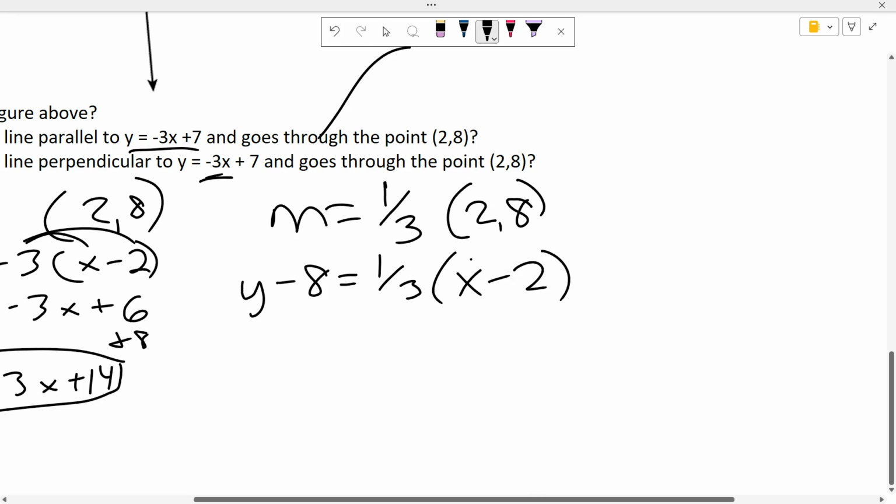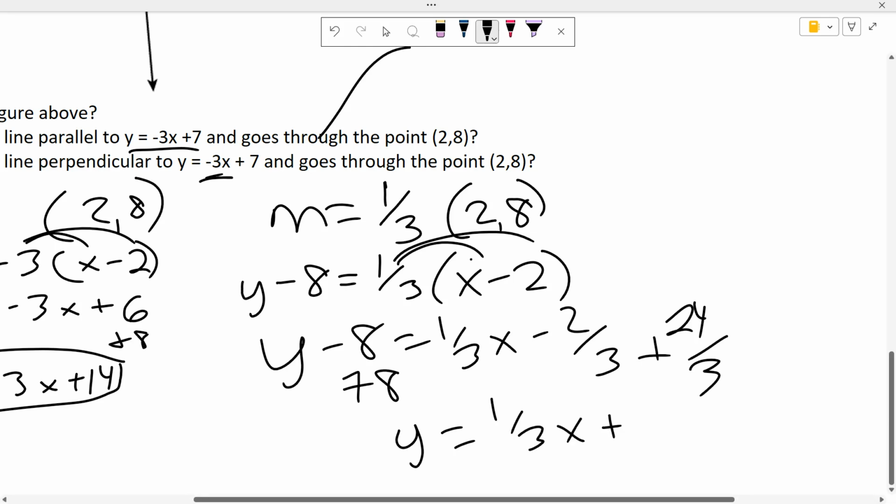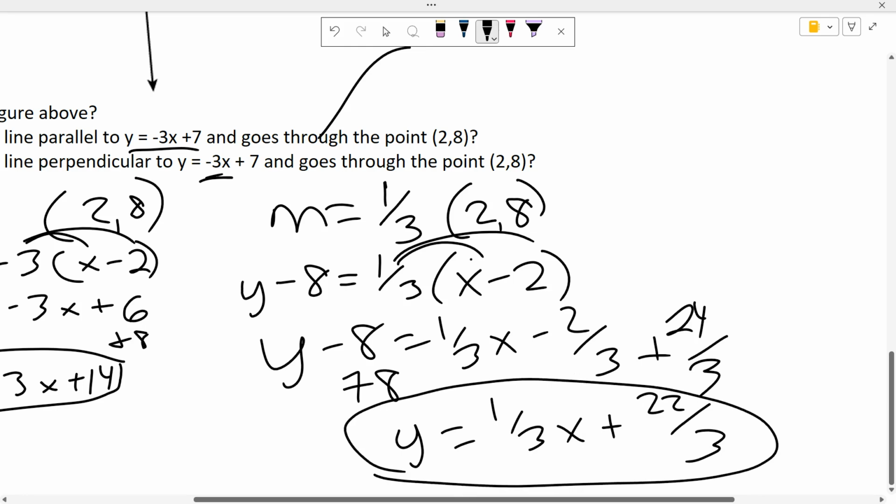Now what do we do? Distribute. So y minus 8 equals 1/3 x minus 2/3. Then I have to add 8. But instead of adding 8 to this side, how many thirds do I add? 24 thirds. Okay? Because that's the same as adding 8, because you need a common denominator. So y equals 1/3 x plus 22 thirds. That's the equation of the perpendicular line.